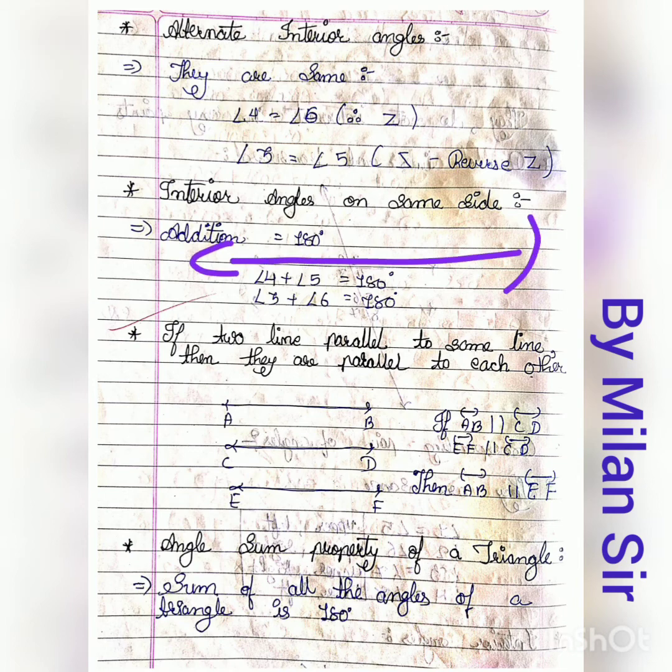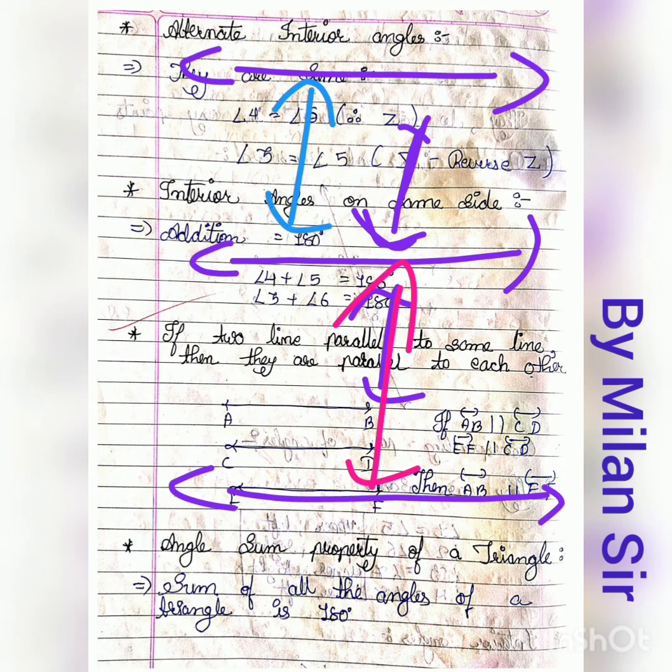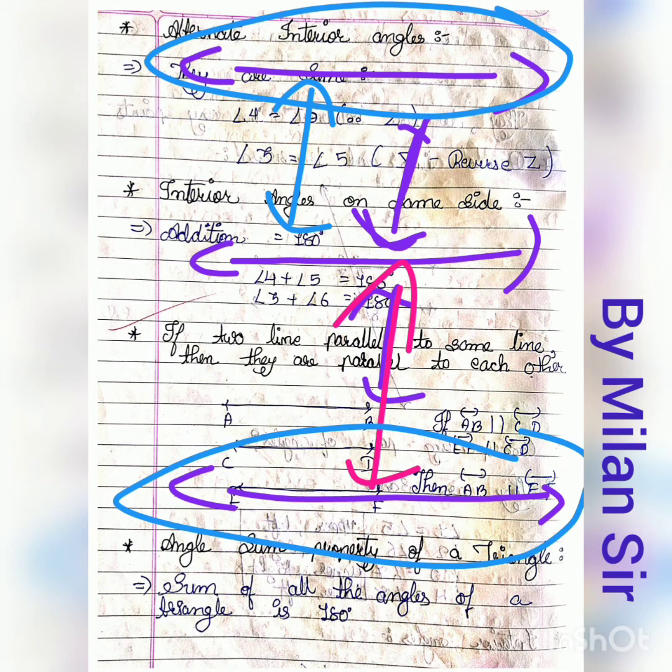Now one more line is parallel with this line, and a third line which is even parallel with this line. So here these two are parallel lines and these two are parallel lines. So alternately this line and this line, it is even parallel.